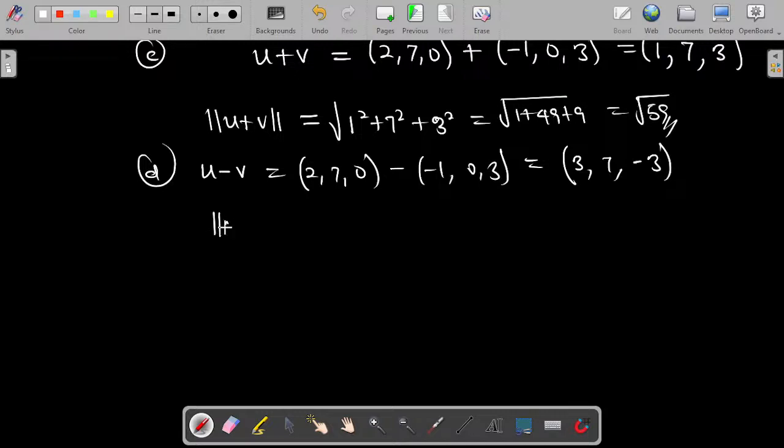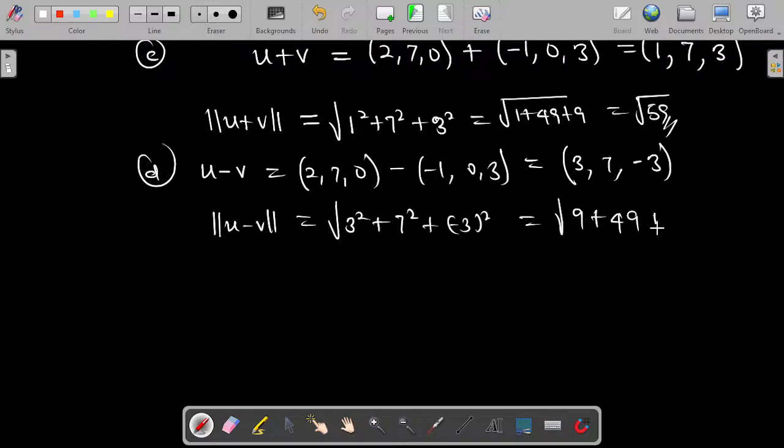So the magnitude will be equal to the square root of 3 squared plus 7 squared plus minus 3 squared. And that's going to give us 9 plus 49 plus 9 again. And that will be equal to 67, of course, you are correct. Okay, so that's beautiful.